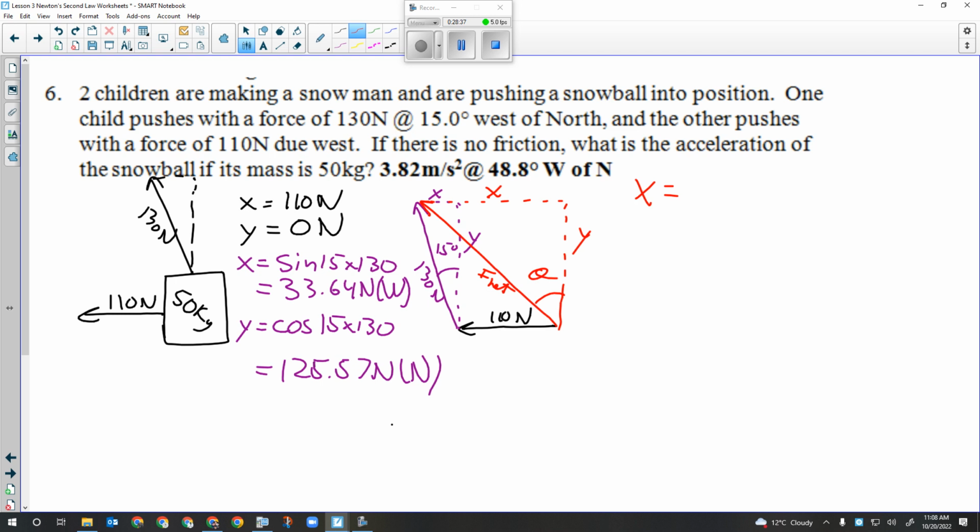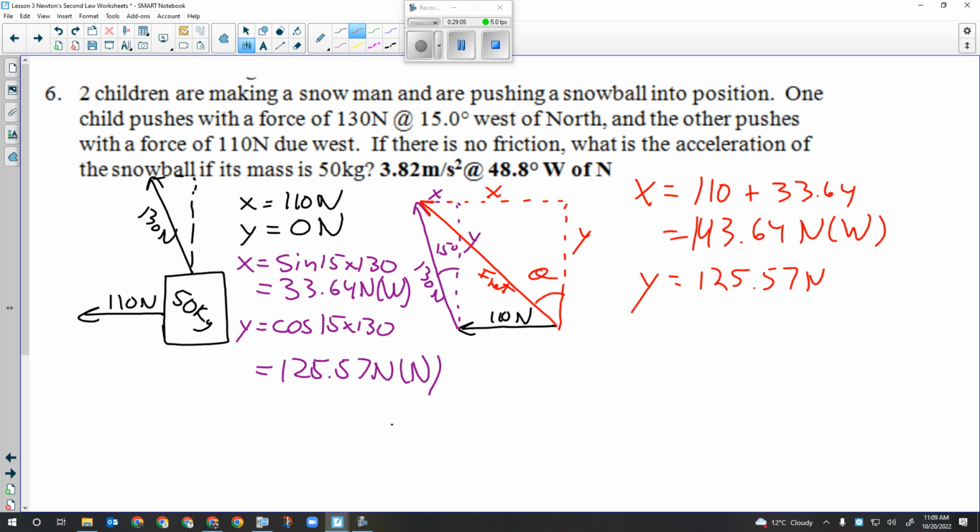I take the 110 newtons west and add it to the 33.64 newtons west, and I get 143.64 newtons west. Then for my y component, there's only one. The first vector didn't have a northerly component, so red y is equal to purple y, which is 125.57 newtons north.